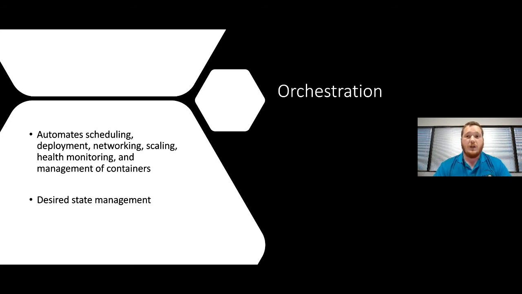So if a container is down, it will bring it up again. If you want a certain number of replicas, it will ensure that there is that amount of replicas up and running at all times, and it honestly just is the best. To give you an example of how great these containers are, especially with orchestration, Netflix actually built some open source software named Chaos Monkey.